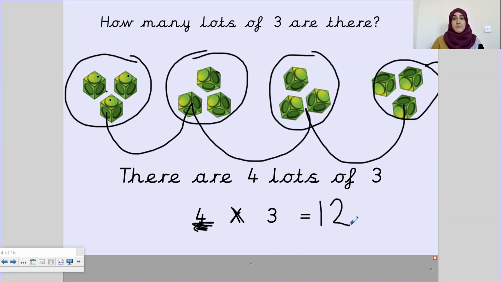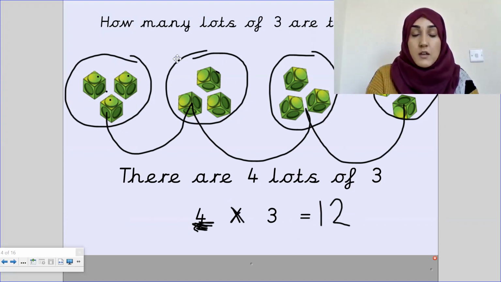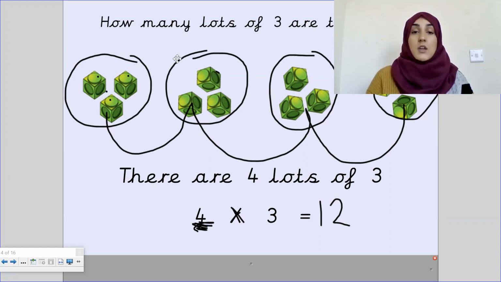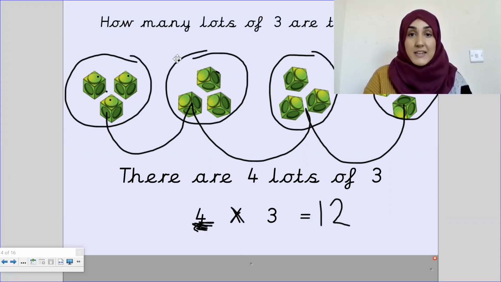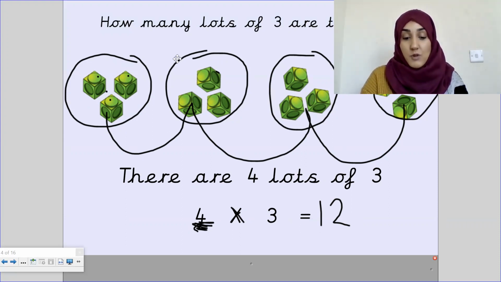Now, some of you might be asking me, Miss Baig, I don't know how to count in my 3's. Well, over the weekend, your adults have been emailed your Times Table Rockstars login details, okay? 3 children have already logged on and have been using Times Table Rockstars, which is absolutely fantastic.